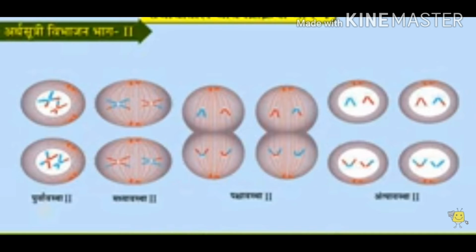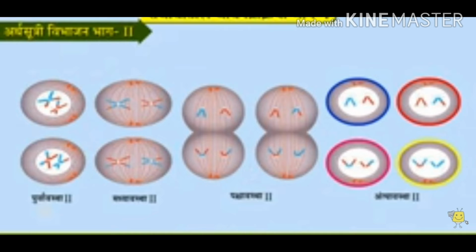In the second stage, the two haploid daughter cells formed in meiosis first undergo division by separation of recombined sister chromatids, and four haploid daughter cells are formed.